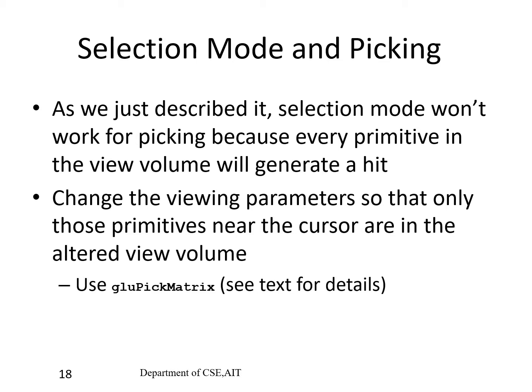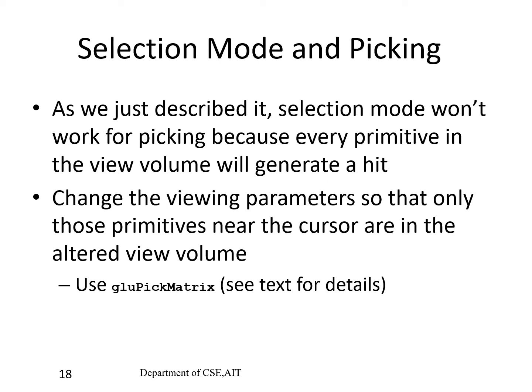Suppose I want all the objects to be rendered into a user-defined rectangle, which will be centered at the cursor. Then the size of the rectangle will be a measure of how sensitive we want our picking to be. So we have to design a rectangle which is a small part of the viewport.